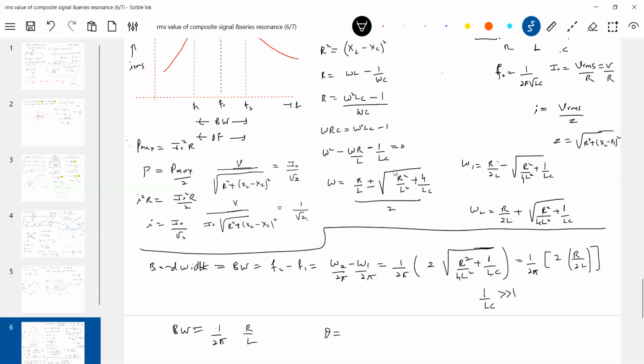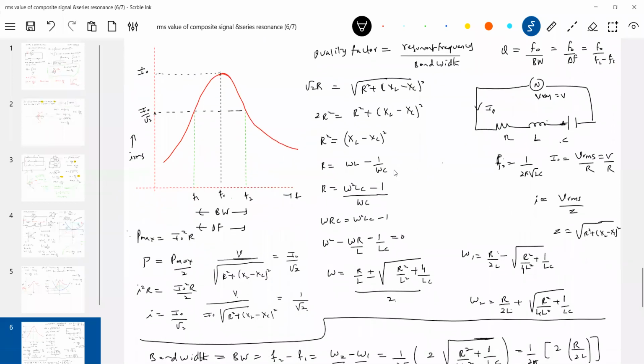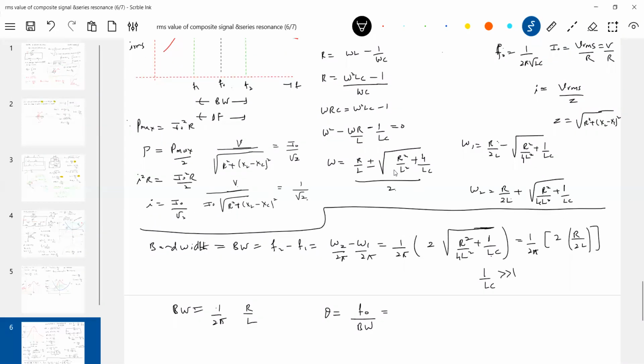Let's go for quality factor. Quality factor, we define as F naught by bandwidth. What is F naught? F naught again, I'll substitute as it is.